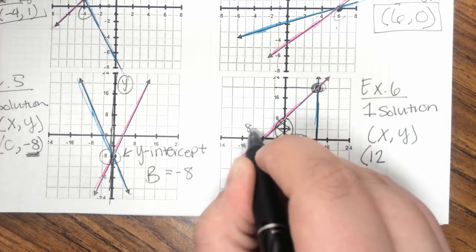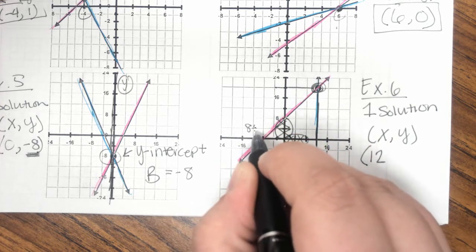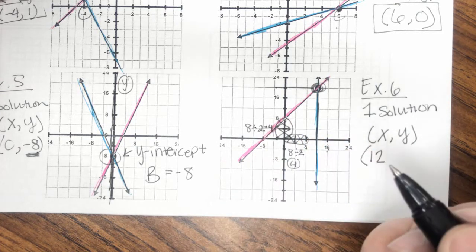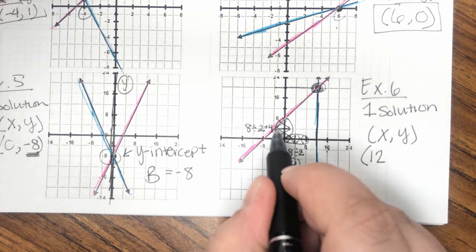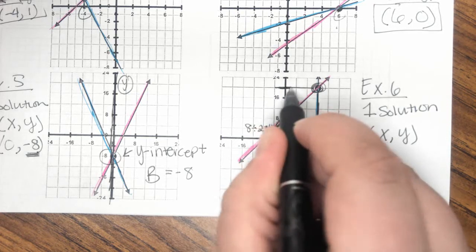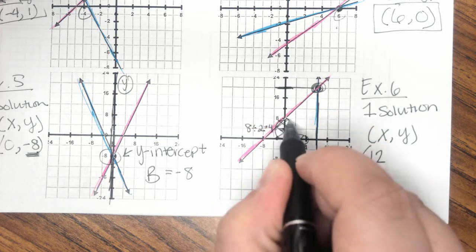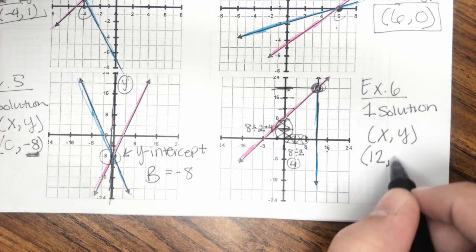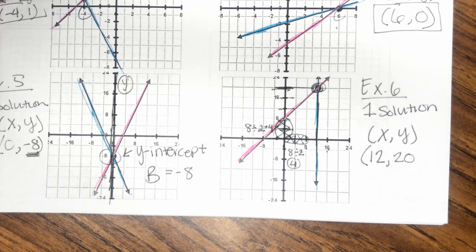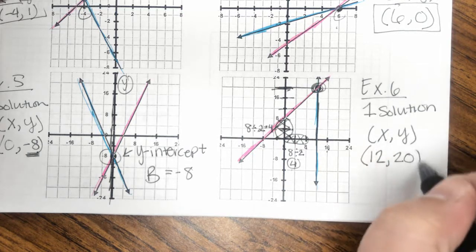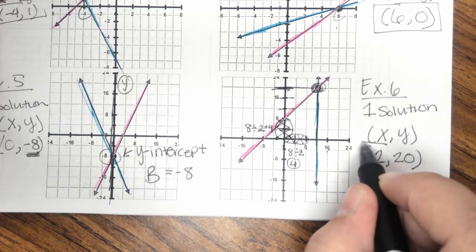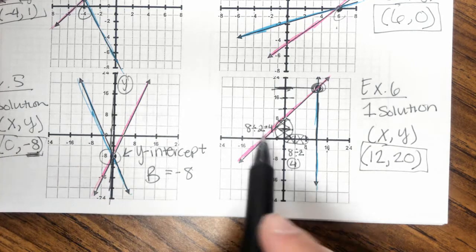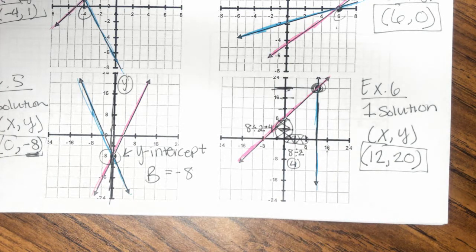So to find the scale, we're going to take the 8 and divide it by the 2 slots it takes up. 8 divided by 2 is 4. So I know I'm counting by 4s. Here's the y value. 4, 8, 12, 16, 20. The y value is 20. Close the parentheses. The ordered pair 12, 20 is where those two lines intersect.